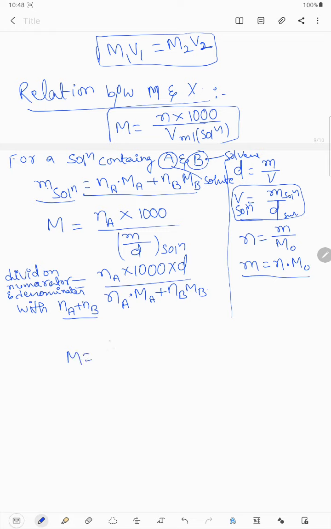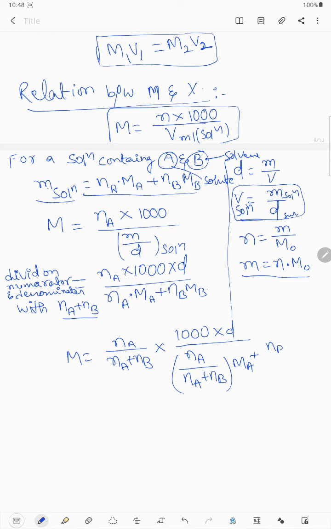Molarity is equal to Na divided by Na plus Nb, into 1000 into D, divided by the denominator, which after dividing with Na plus Nb is Na over Na plus Nb into Ma plus Nb over Na plus Nb into Mb.